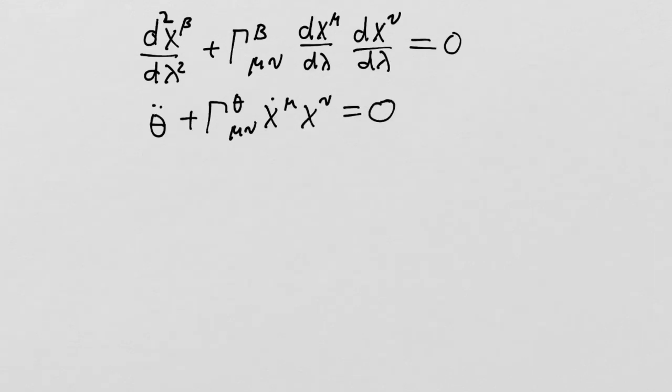So here is our next one, where we set beta equal to 2, and x2 we've identified with the latitudinal variable, if you will. So now we have to do the same process. We have to figure out which of these are non-zero with a theta up there.